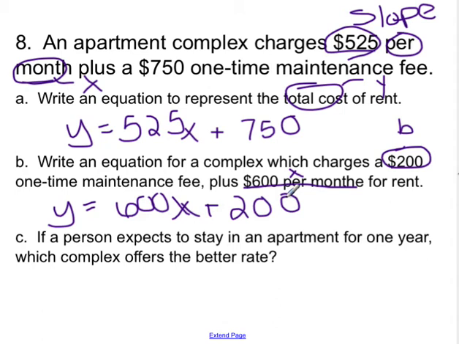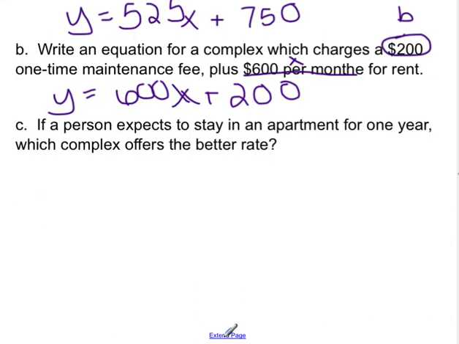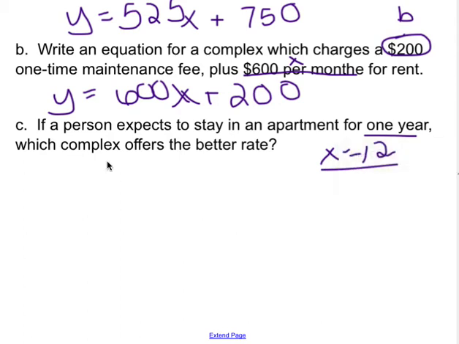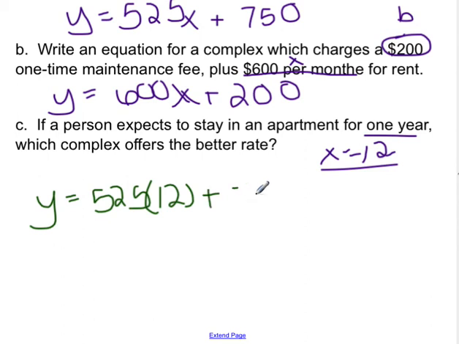If a person expects to stay in an apartment for 1 year, which complex offers the best rate? Now, if you recall, our x's are in months. So remember that a year is 12 months. So here's what we're going to do. We're going to plug in 12 for each of these x's and see which y is the lowest cost. So I have y is equal to 525, I'm going to plug in 12 for x, and then it's going to be plus 750.